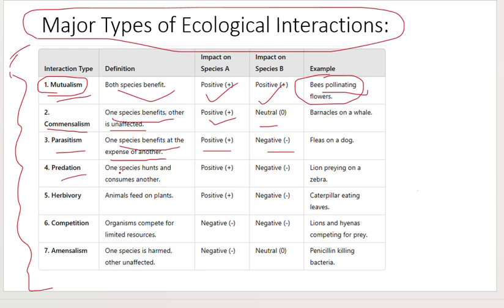Predation means one species is being hunted by another.